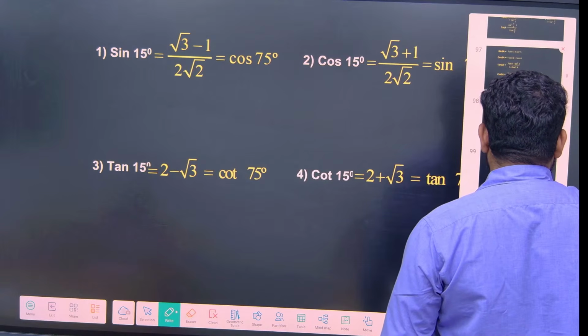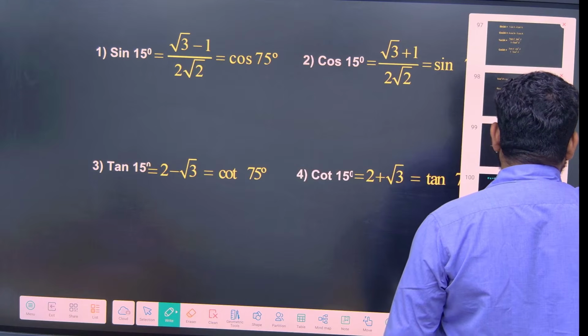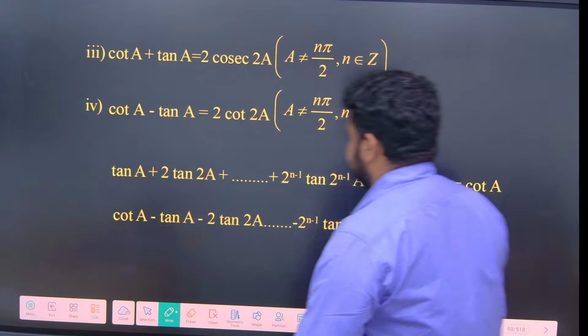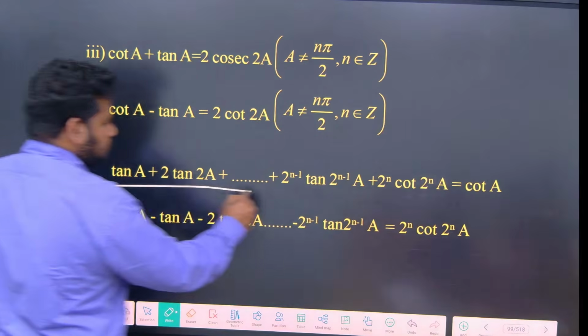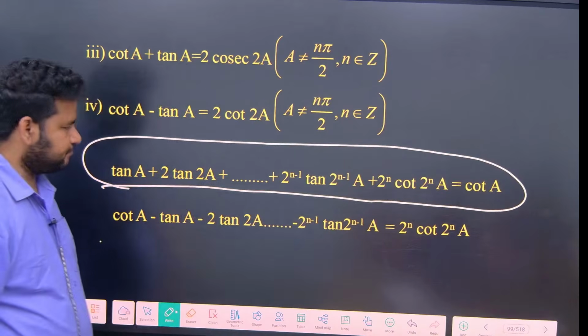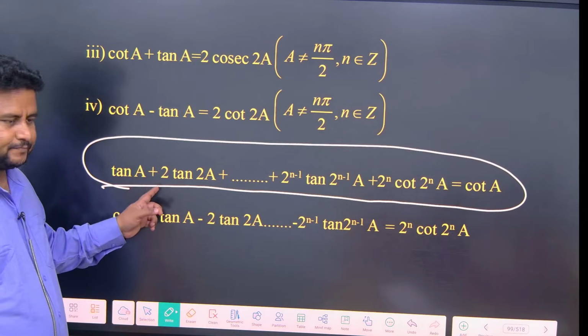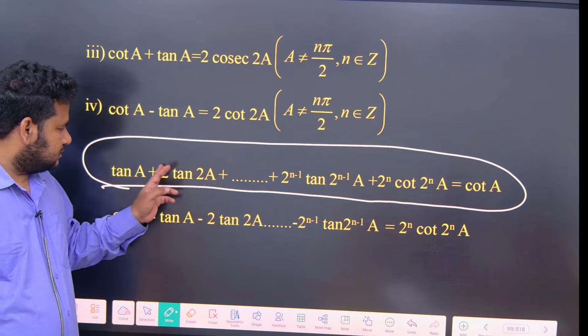Okay, look at this, please look at this one. So tan A, 2 times tan 2A, then 2 square.